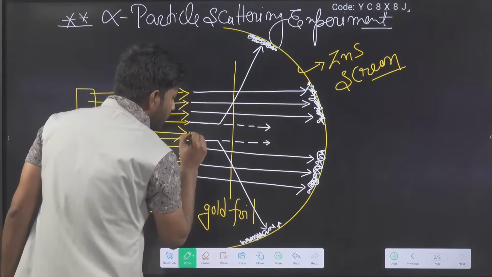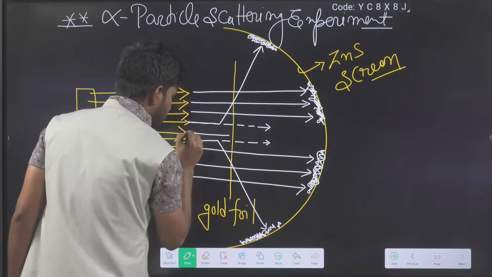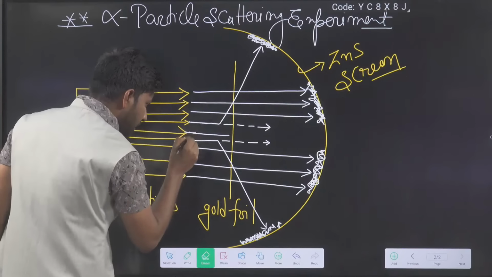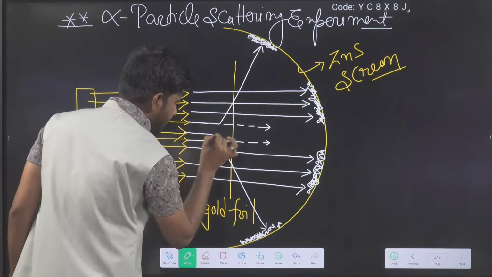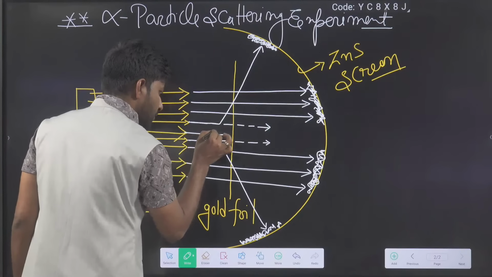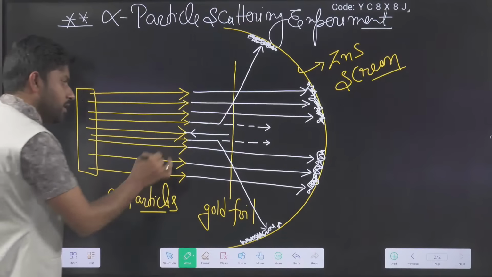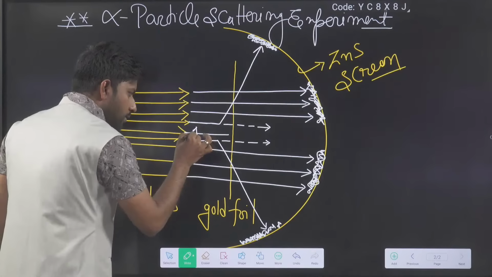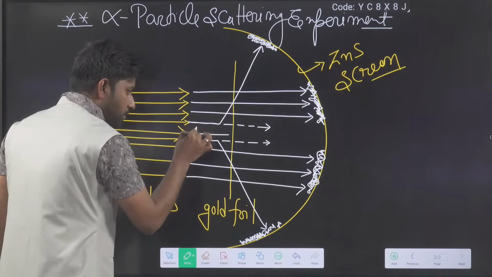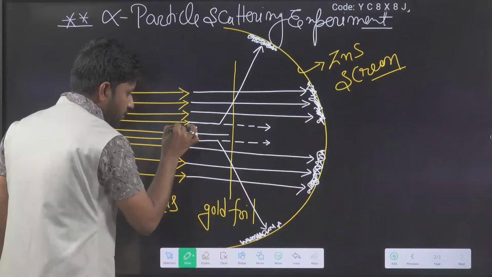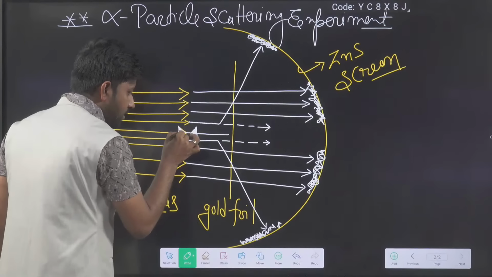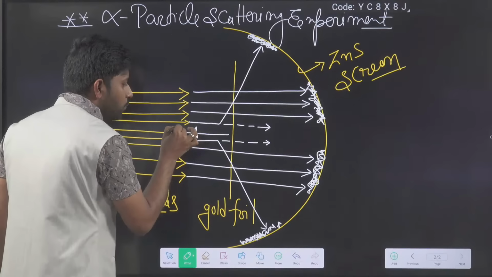and out of 10,000, only one around like this, in this proportion, what happened? Out of around 10,000, one alpha particle just took a U-turn.